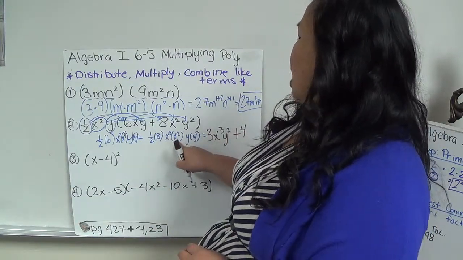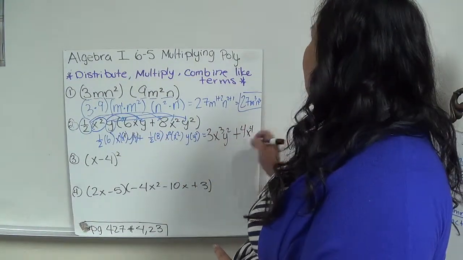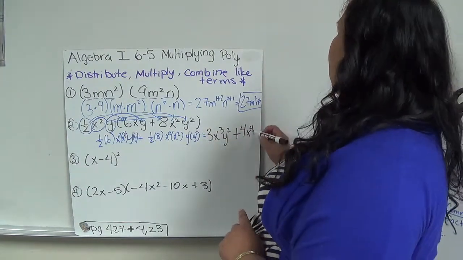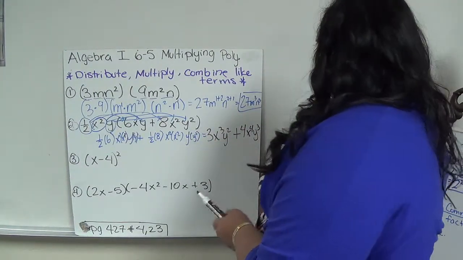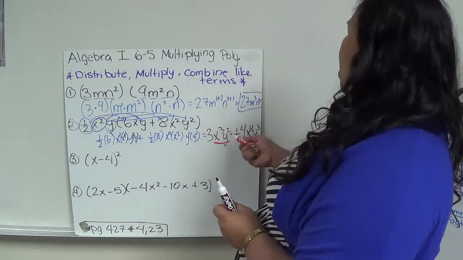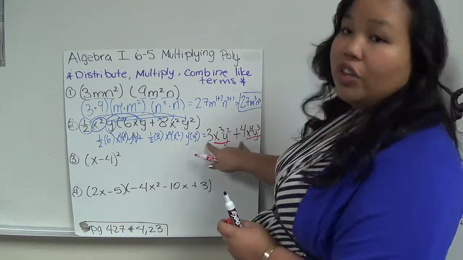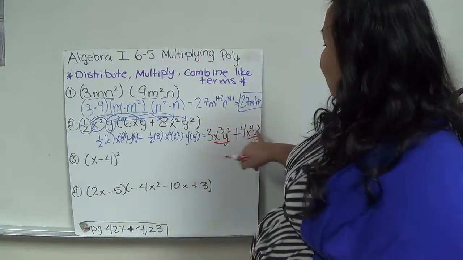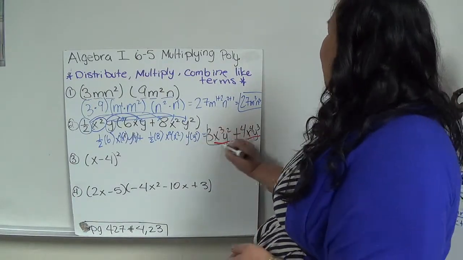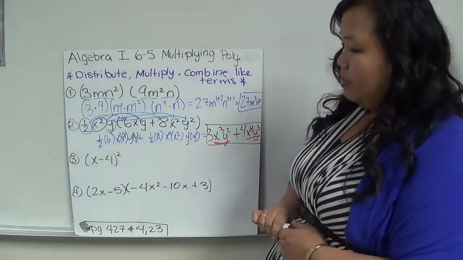Then x squared times x squared, I add the 2, so it gives me x to the fourth, and y to the 1 times y squared gives me y to the third. If these were exactly the same, x cubed y squared and x cubed y squared, then I could combine the coefficients because they'd be like terms. But because these are different, they are not like terms, so this is as far as my expression will be simplified.